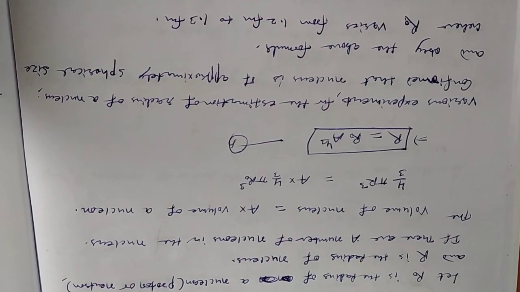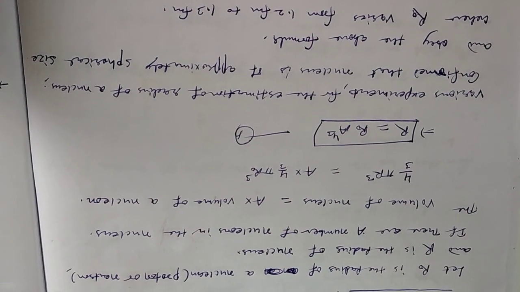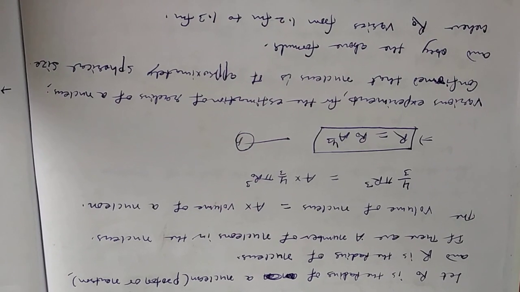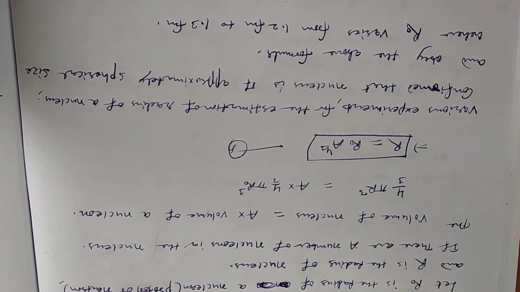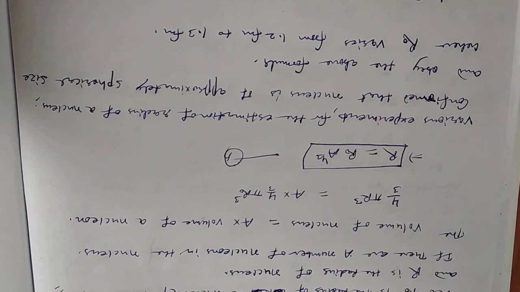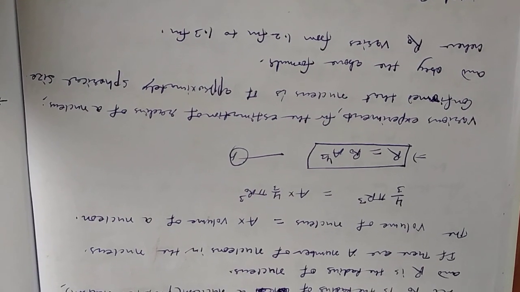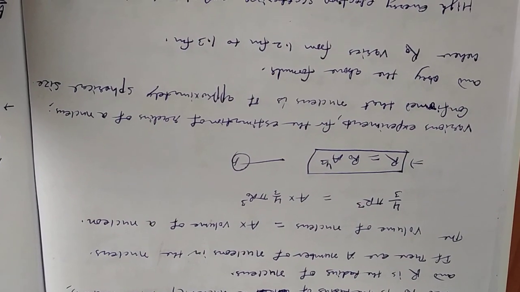Various experiments for estimating the radius of a nucleus confirmed that the nucleus is approximately spherical and obeys the above formula.